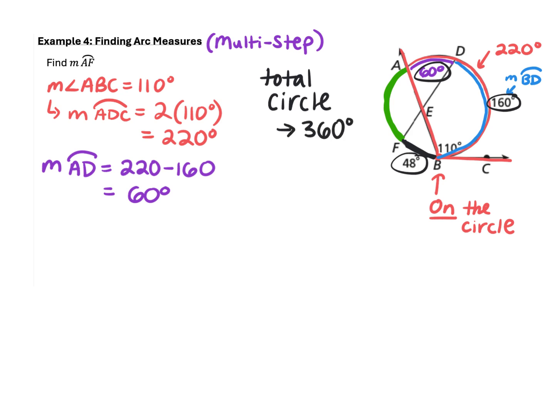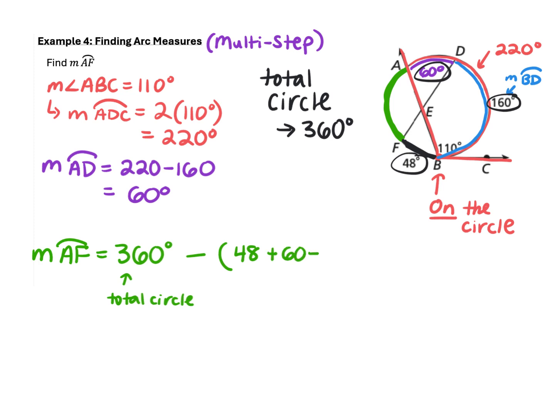Well, to find that missing arc now that I've outlined in green, the measure of arc AF, we can start with 360 degrees, which is our total circle, and then we can subtract the sum of the arcs that we already have. We have the 48, and then we have the 220, or if you want to break it up into the 60 and the 160, that works too.